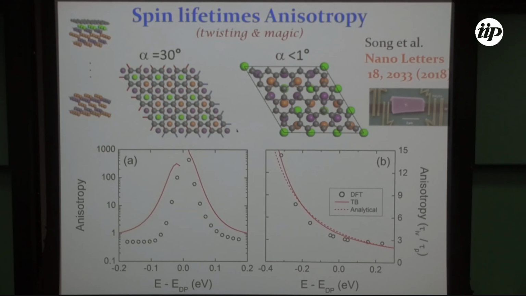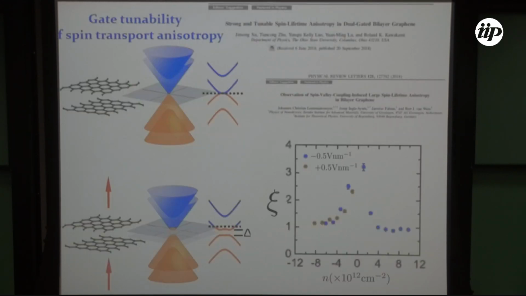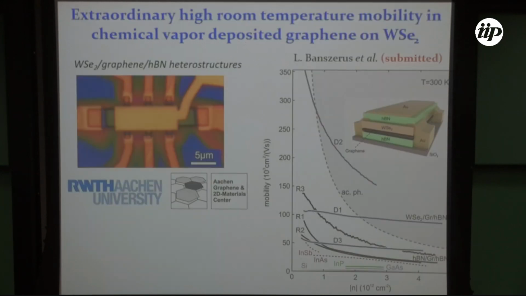Here, for instance, you have a gigantic increase close to this Dirac point. In this case the angle is different, or you can completely switch it off with another angle, and there is no anisotropy. So this illustrates how the physics changes with twisting in this type of interface. And I think maybe Roland will show something very nice on the bilayer with a magnetic field, a bilayer with an electric field that can tune the gap.